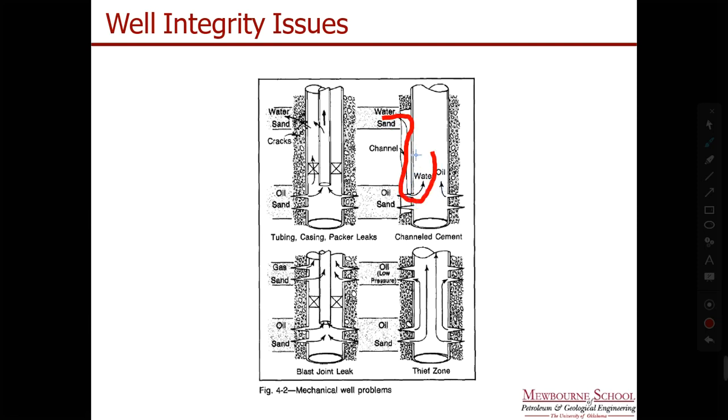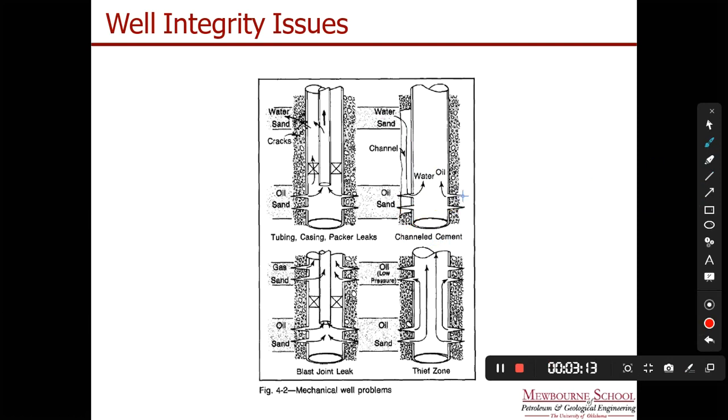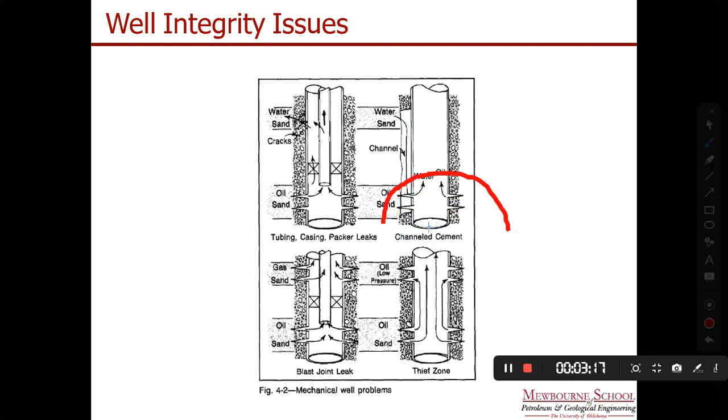Now in this case, we assume at the surface that our water is coming from this reservoir. Okay, but actually it is not coming from this reservoir. It is coming from the side through the cementing channel. So we have to identify again where this water is coming from.